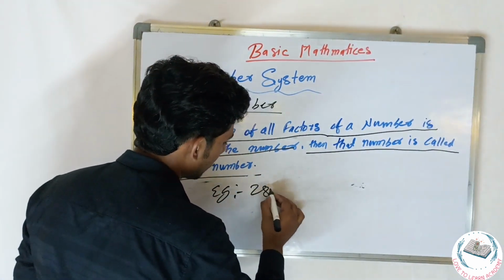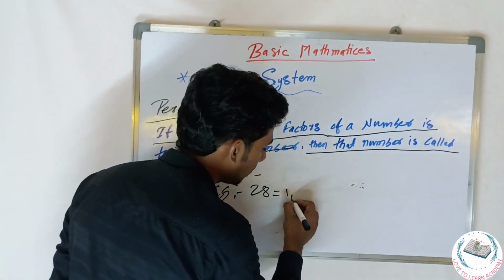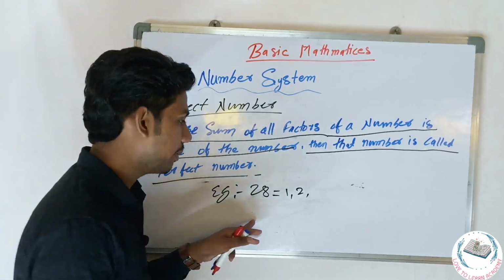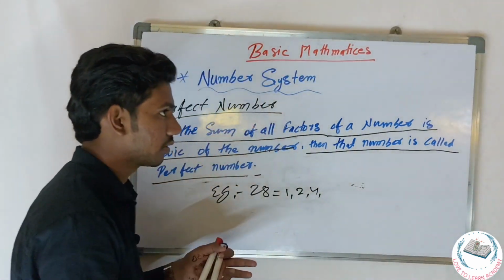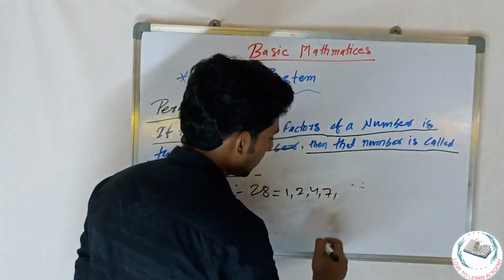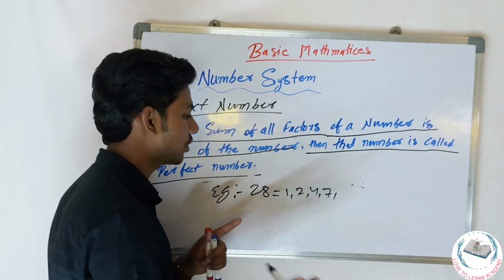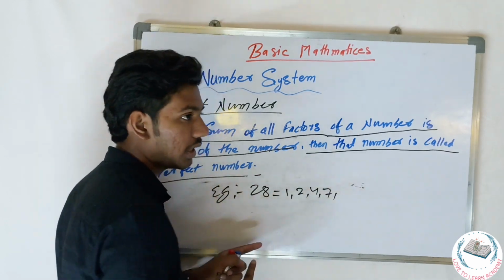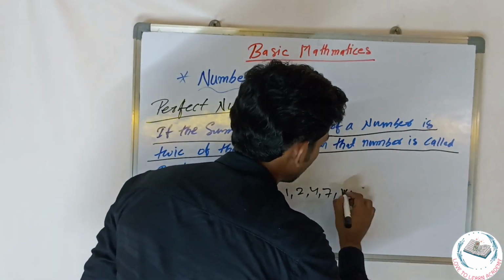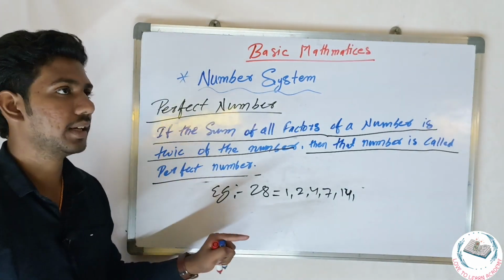Let's take 28. First of all, you have to understand what the factors of 28 are. 1 and 2 are factors, 3 is not a factor of 28, 4 it will be, 5 not, 6 not, and 7 it will be, 8 is not, 9 no, 10 not, 12 not, 13 not, 14 it will be. 15 is not, 16 also not, 18 also not, 19, 20 also not.